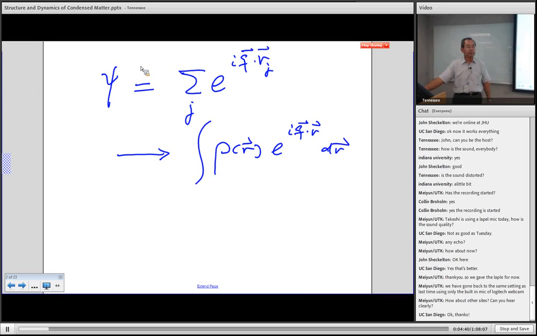That's the continuum approximation instead of the discrete description of the atomic positions.